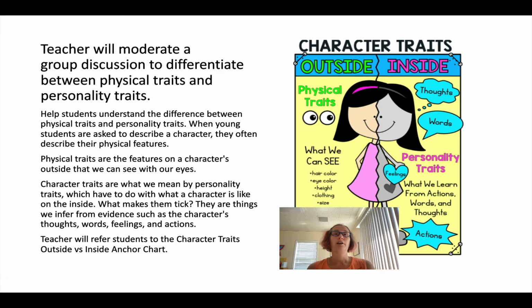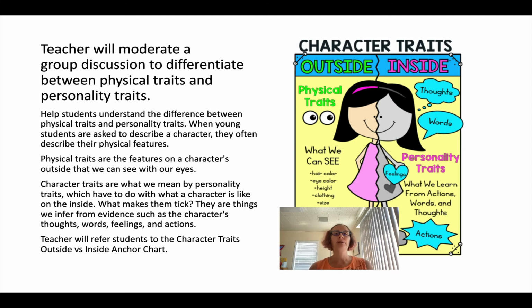We will also talk about how to differentiate between physical traits and personality traits. I will help students understand the difference between the physical traits, which are what we can see with our eyes. When young students are asked to describe a character, they often describe these physical features.